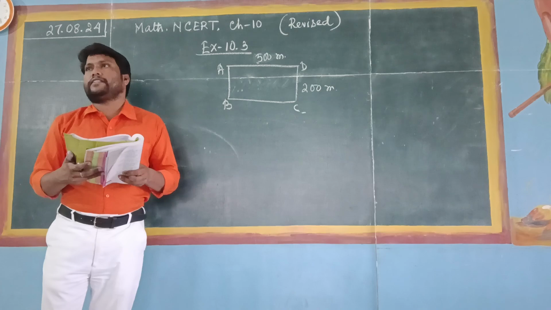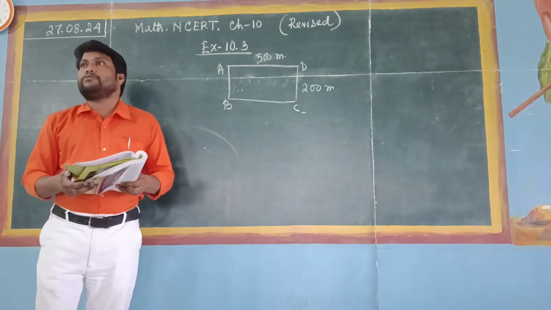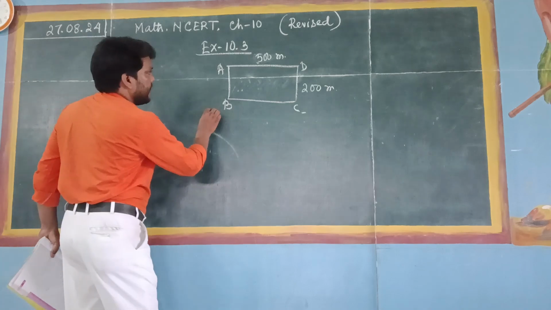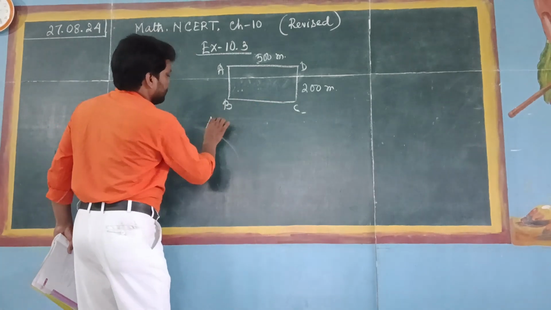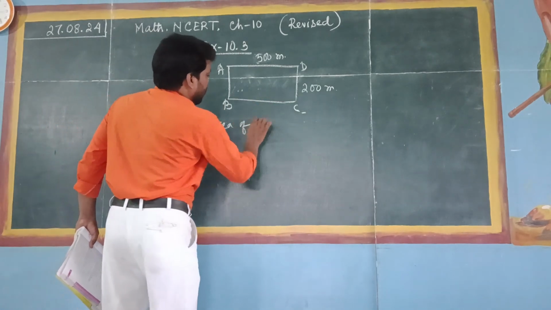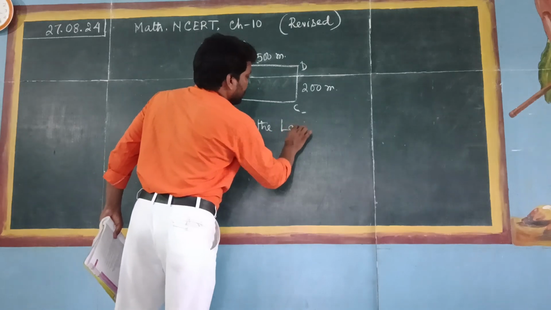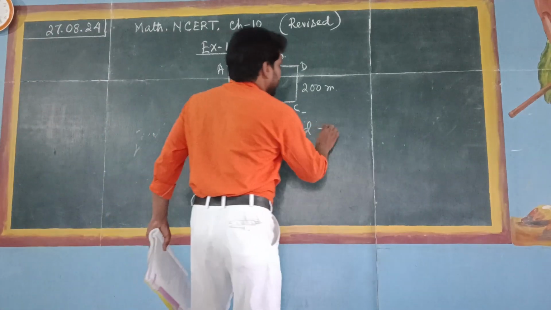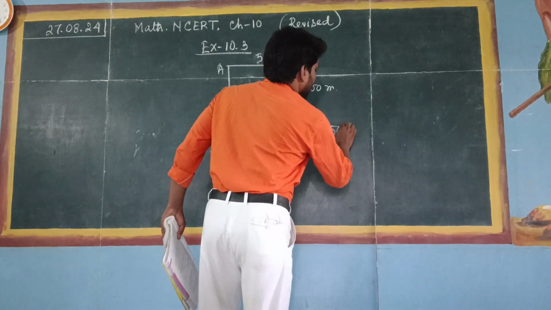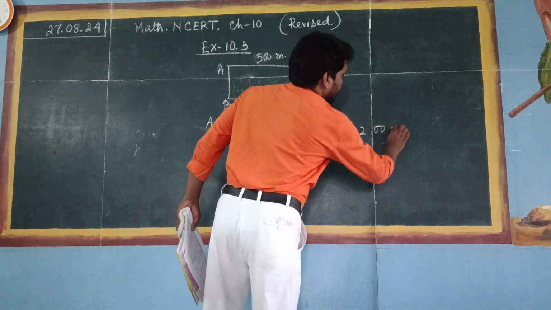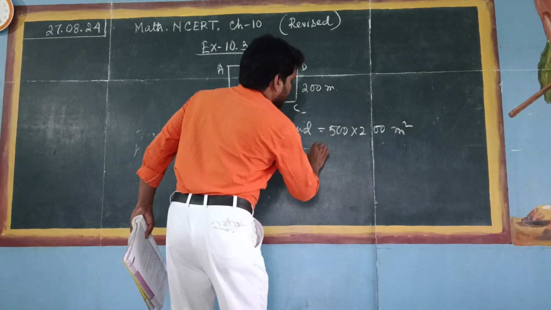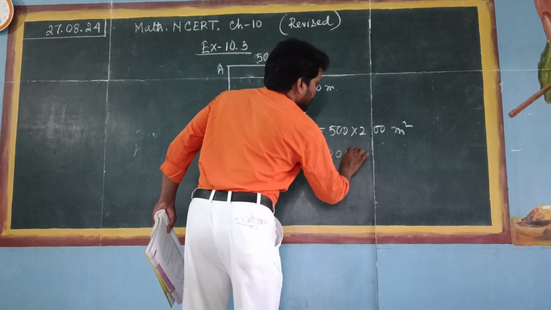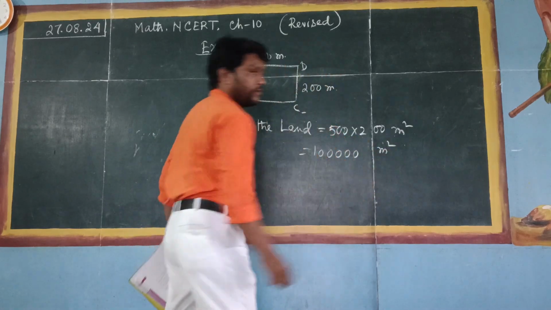At first you have to find out the area of the land. It is a rectangular plot, so area will be length into breadth, meter square. That means 5 into 2 is 10, and then 4 zeros: 1 lakh meter square.